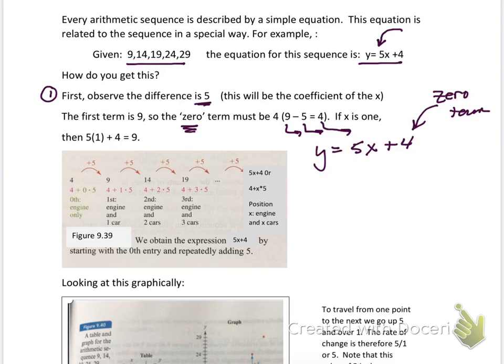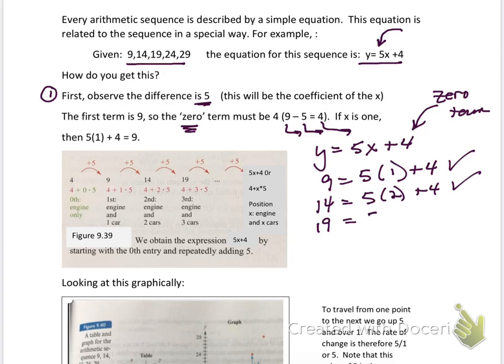Okay, can I get the first term? Well, let's see. Is it true that 9 equals 5 times 1 plus 4, if x tells you the term? Does that work? Yes. Okay, does 14 equal 5 times 2 plus 4? Yes, that works. Does 19 equal 5 times 3 plus 4? Yep.